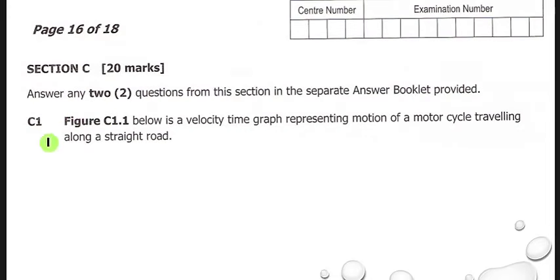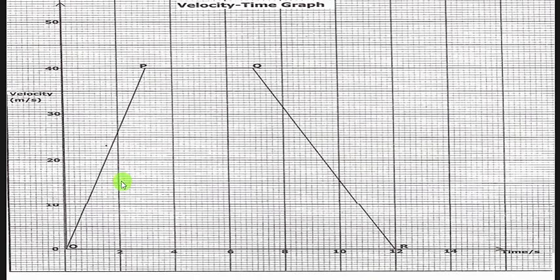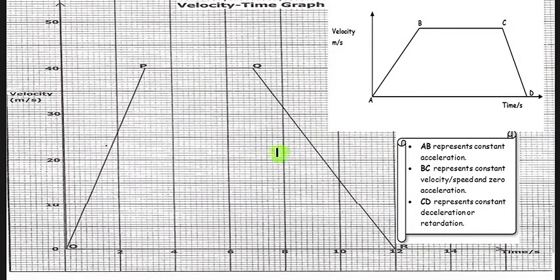C1 is saying figure C 1.1 below is a velocity time graph representing motion of a motorcycle traveling along a straight road. So this is the graph here. All right, so let me interpret this one for you.